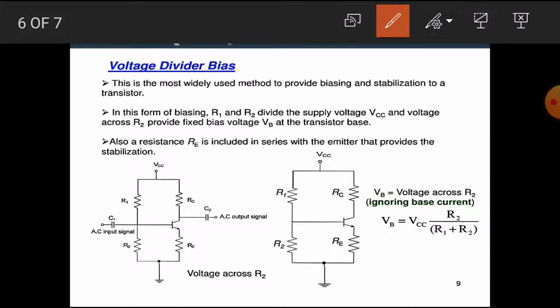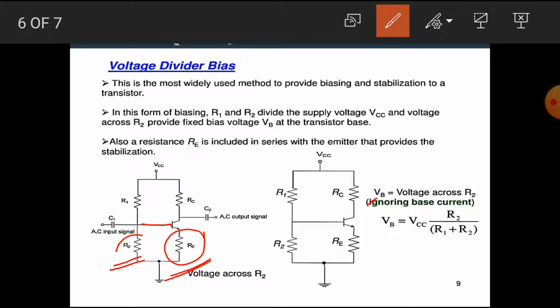That means the resistor R2 provides the fixed bias voltage at the base terminal. Here the RE resistor is used to give stabilization for the circuit. Here we can calculate VB from it, where VB is the voltage across R2.